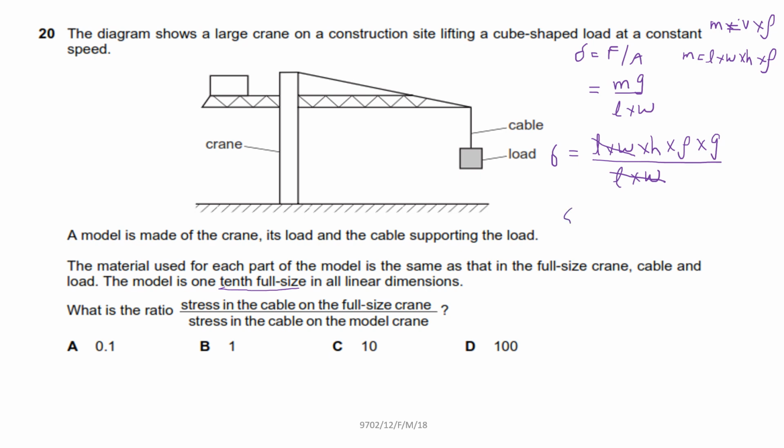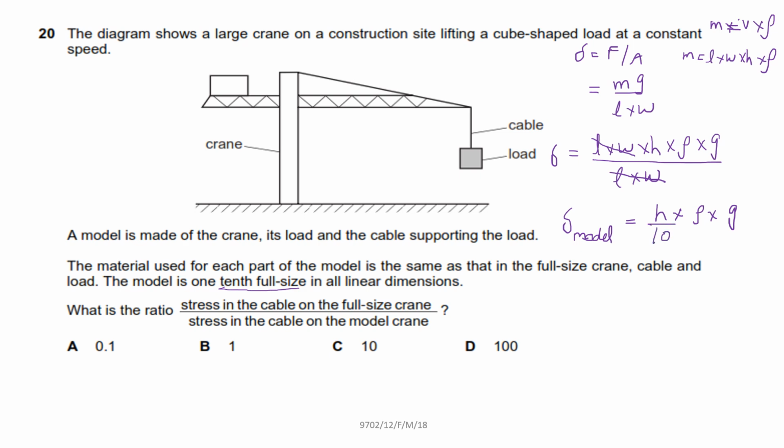The sigma for the model crane is again h rho g, but g and rho are constants, their values are not going to change even in the model, but the h is reduced to 1/10 of its value.